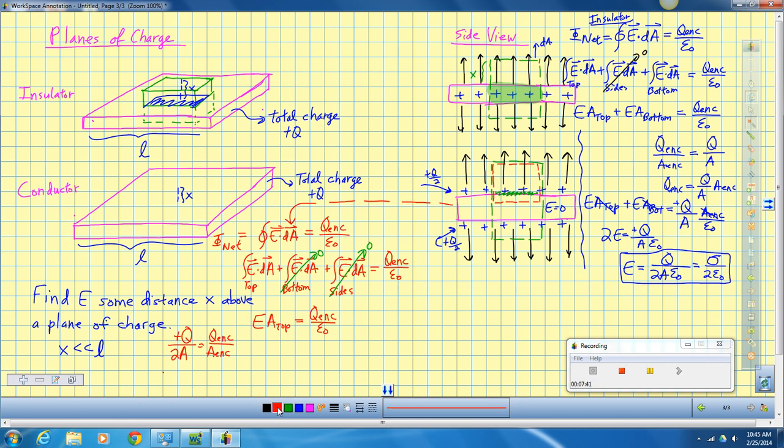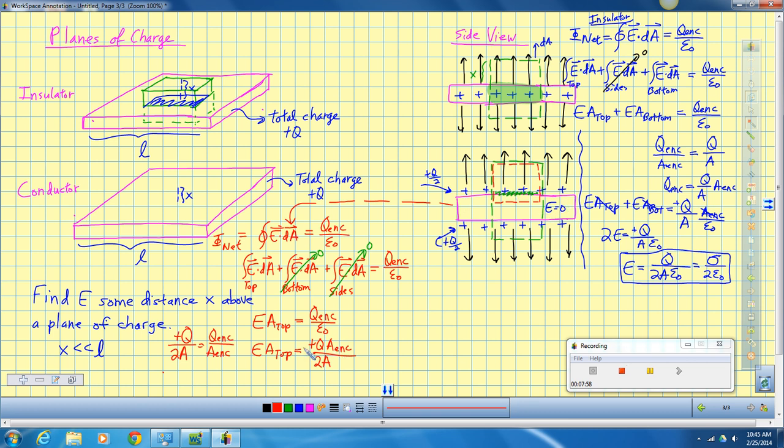Okay? So let's plug in some stuff. This says that E times the area of the top is equal to charge enclosed over E0. Solving this for charge enclosed, I'd get plus Q times area enclosed over 2 times the total surface area of the top portion of this, because this A, again, is the area of that top portion.